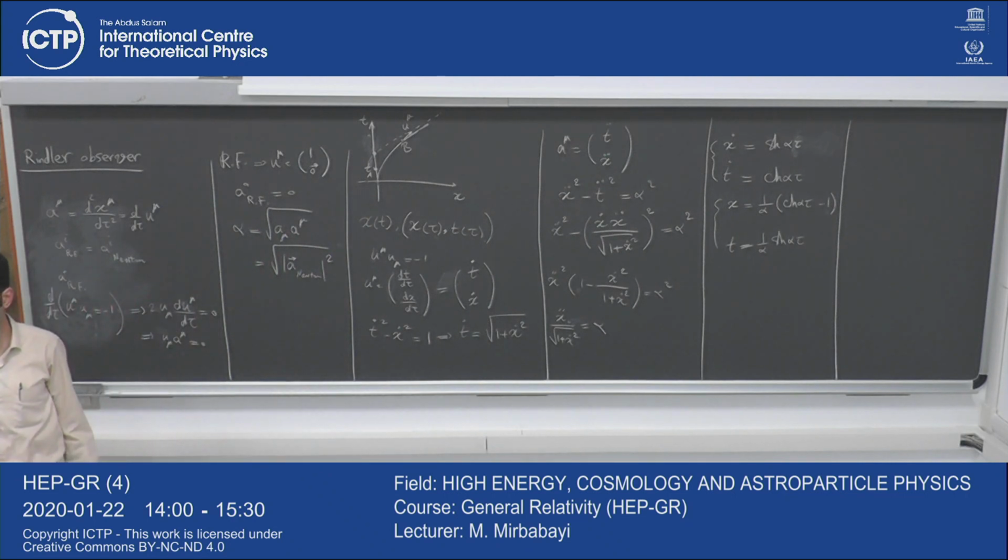So we want to see a signal that is sent at time ta, at what time or what point it arrives to Bob. Once we know that, then we can ask what is the time difference of two signals that are sent at time ta and ta plus some small delta ta. We can determine what is the time difference as measured by Bob.